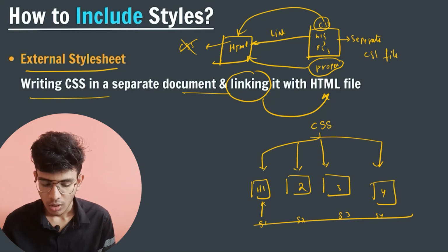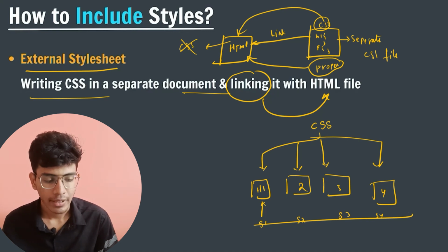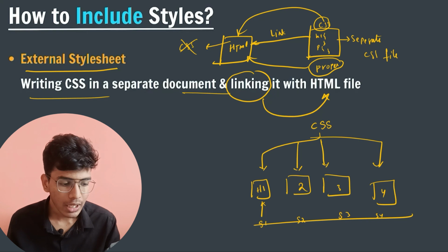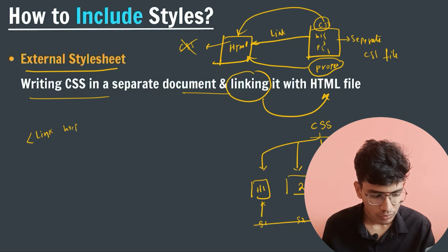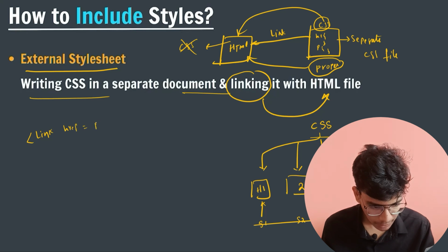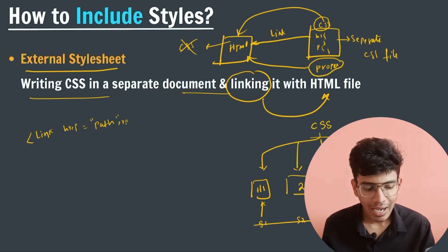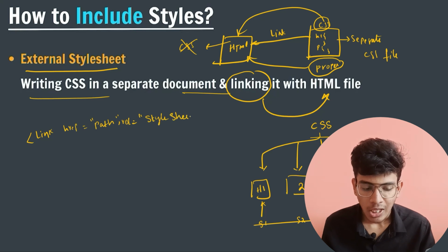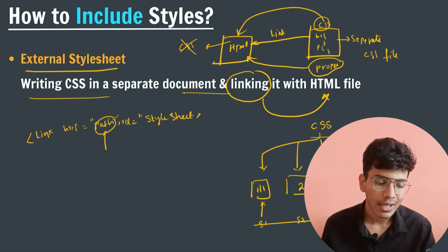So let us try to understand how we can link a CSS document in my HTML page. To link, I will write link href equals to, and I will write the path of my CSS file, and rel equals to stylesheet. By just writing this, my HTML document will get attached to this CSS file, right?